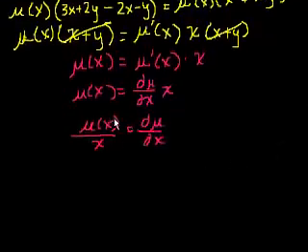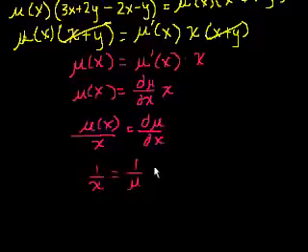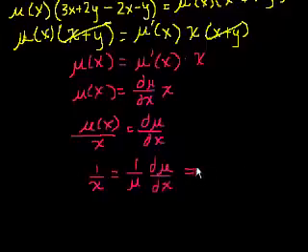And then let's divide both sides by mu of x, and we get 1 over x is equal to 1 over mu, that's mu of x, I'll just write 1 over mu right now for simplicity, times d mu dx. I'm actually going to go horizontal right here.